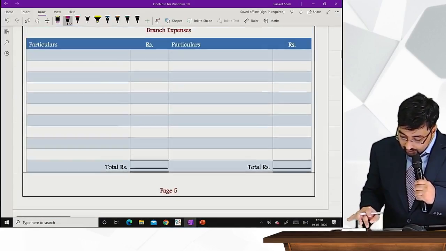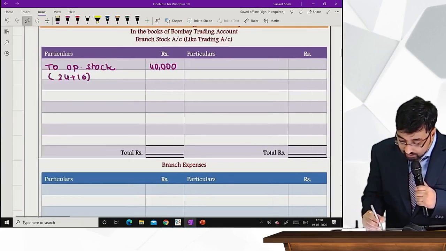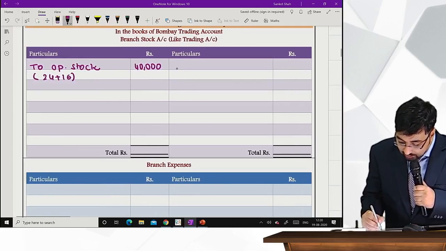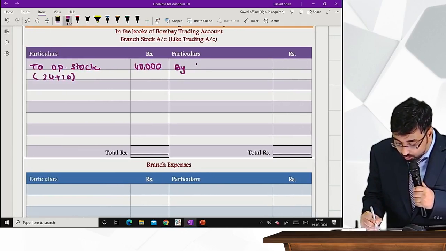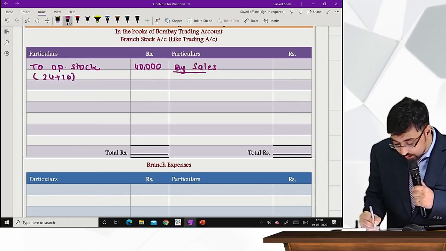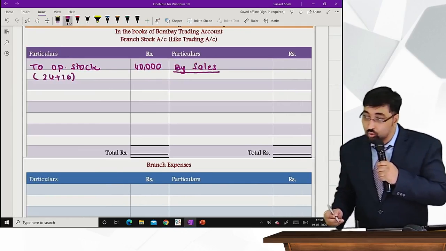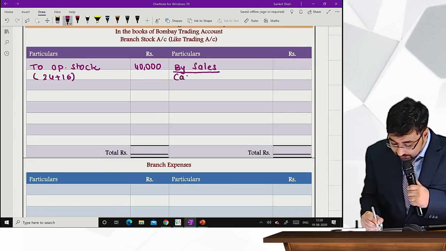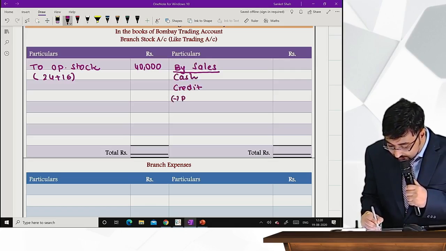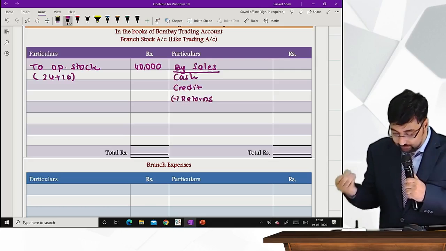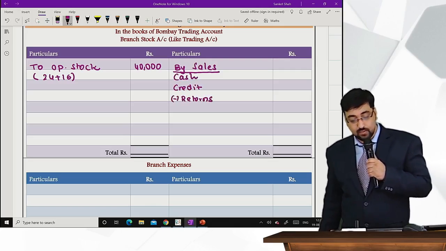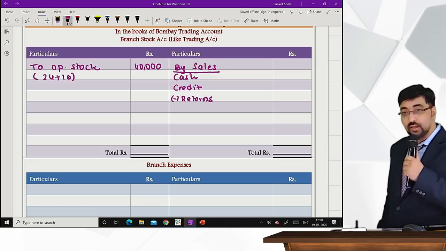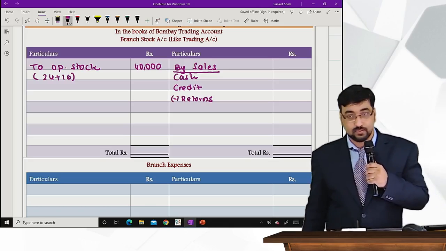So write down in the stock account only one effect for this transaction, because the other effect is in the cash account, and we have not opened the branch cash account as daily cash is remitted to HO. So by sales, cash, credit, less returns. This is the format. By sales, underline cash, credit, less returns.